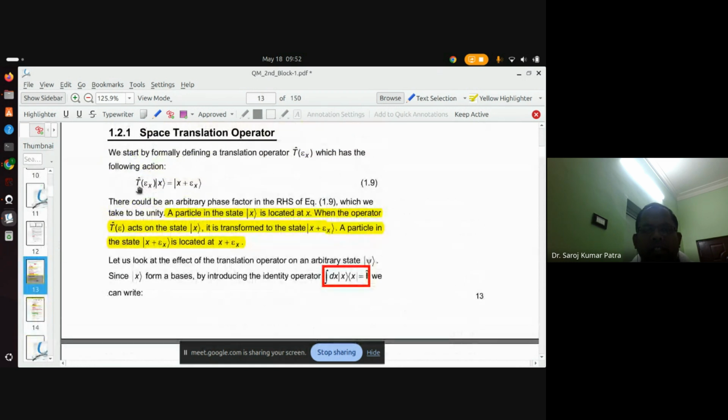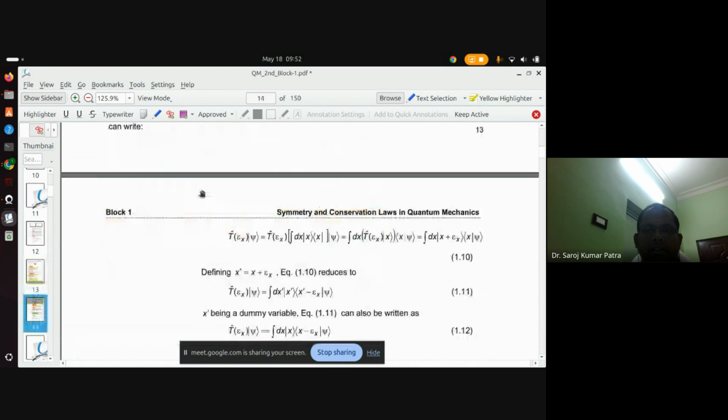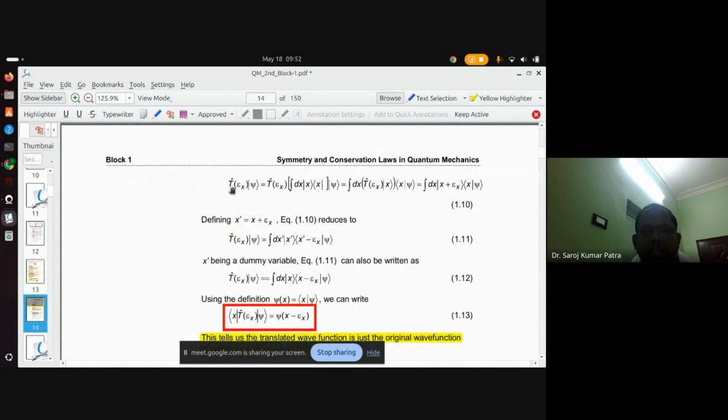So we have this equation T(epsilon x) operating on |x> is equal to |x + epsilon x>. Same equation here. T(epsilon x) operating on psi will be equal to what? T(epsilon x), now I'm just multiplying one identity operator. Operating with an identity operator will not make any change.